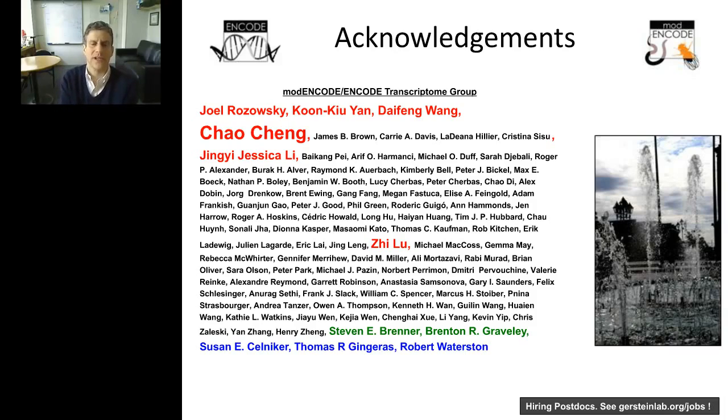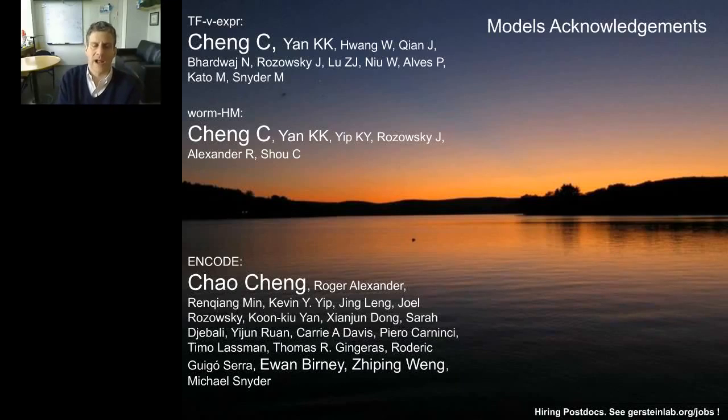Now, the person who really was the key analyst for the specific stuff that I talked about today is Chao Cheng. And so if we move to slide 38, I have more specific acknowledgements for Chao because he developed a lot of the statistical machinery in separate, smaller-scale works, and then applied it to the big consortium.